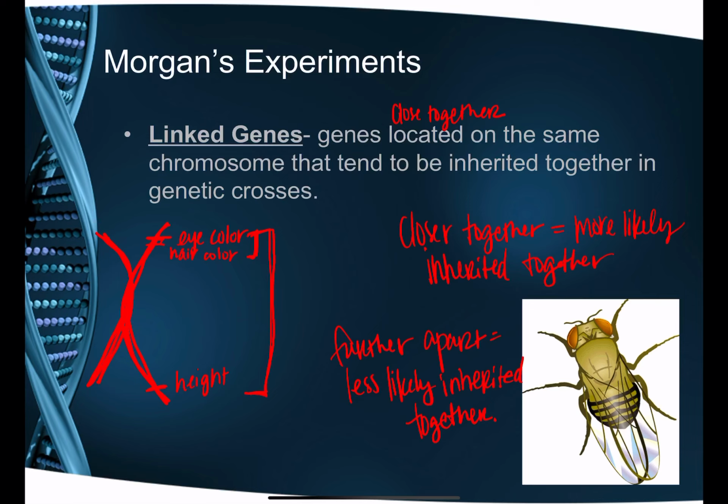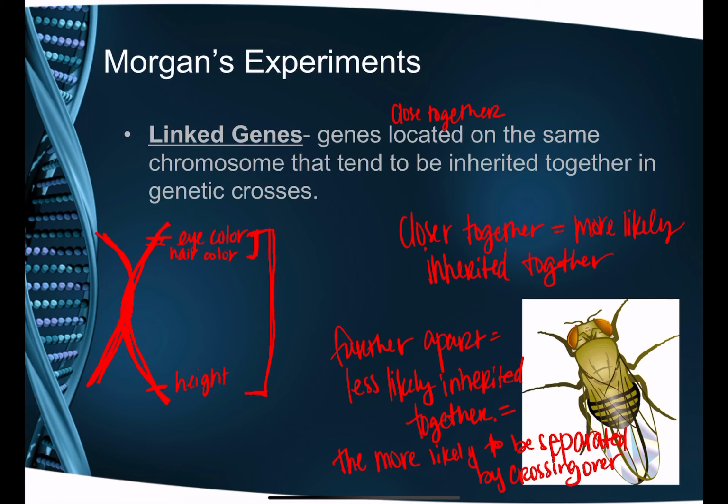Okay? So the further apart genes are on a chromosome, the less likely they are to be inherited together. That means they are more likely to be separated by crossing over.